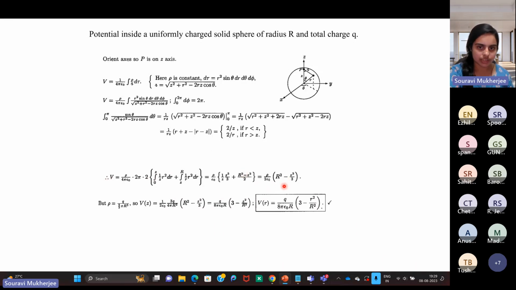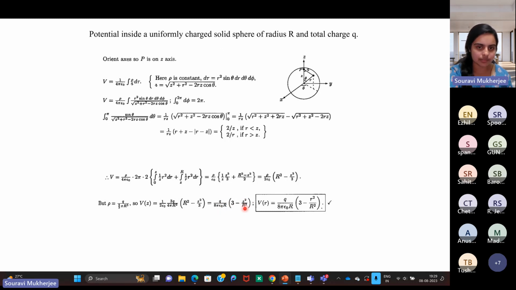This is the expression for your potential. Rho is charge per unit volume, so Q by the total volume. If you put that expression in, this is the final expression of V in terms of the total charge Q, the radius R, and the distance of your point P.